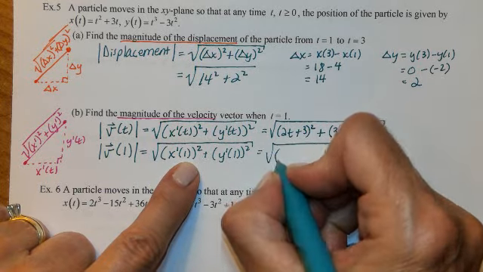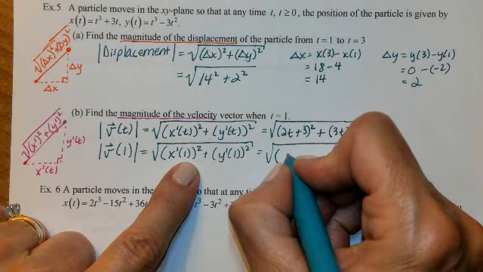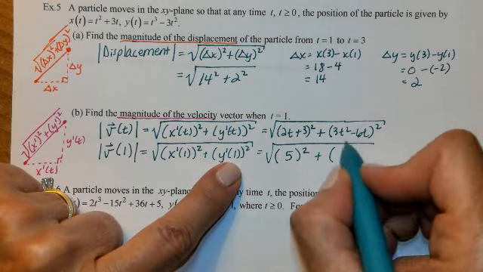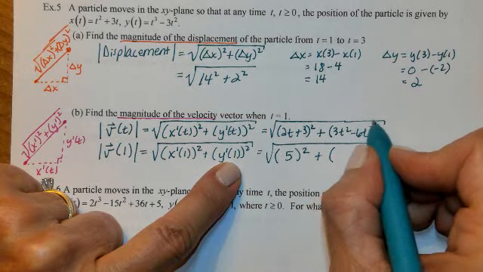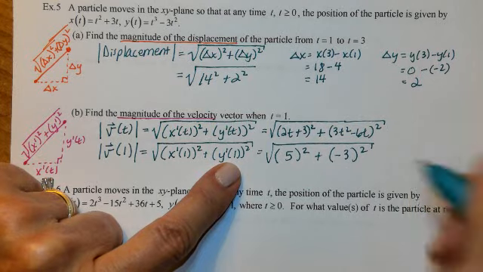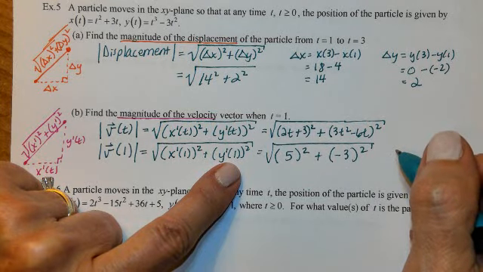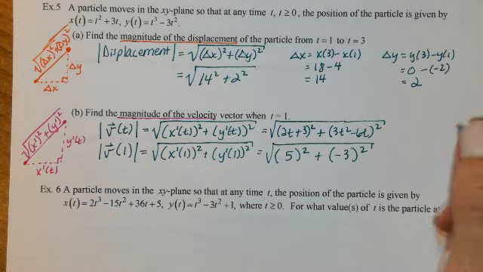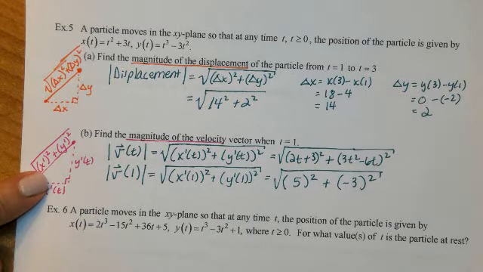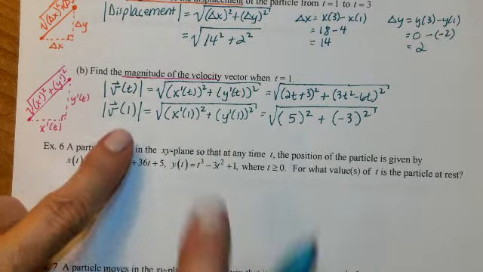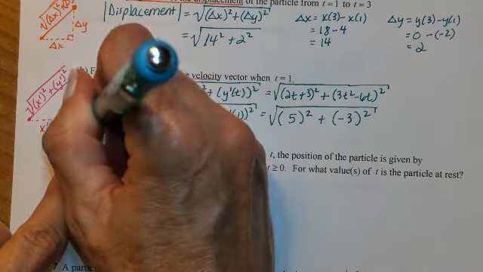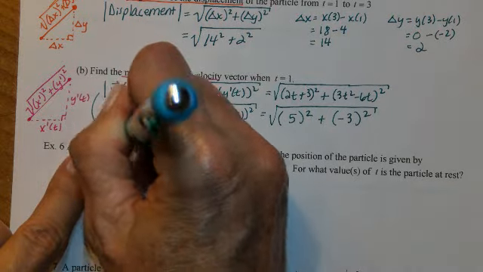So x prime of 1 would be 5 squared. y prime of 1 would be negative 3 squared. And we can simplify that if we need to, but I'm just going to leave it like that. Magnitude of displacement, magnitude of velocity. I will tell you that you'll use this magnitude of velocity a lot because this is also speed.